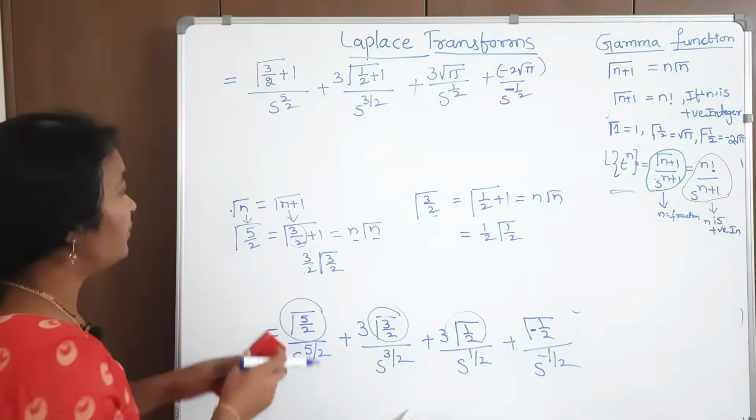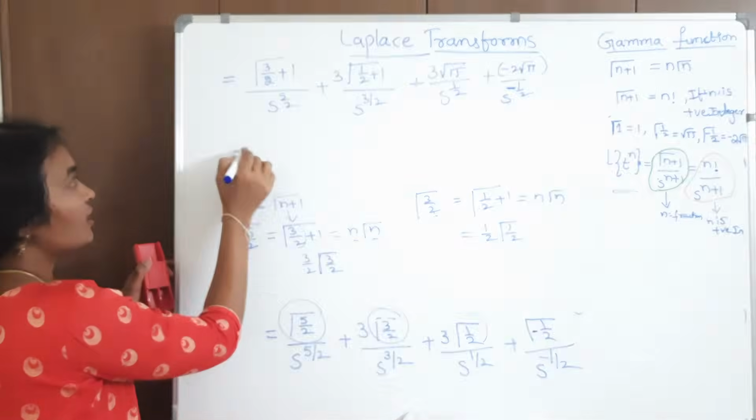Okay, ippudu come on, our job starts now. First ఏమని రాసాను 5 by 2 ని n plus 1. This is the form. Then after that you need to simplify maximum small terms. n gamma n అంటే 3 by 2 gamma n, 3 by 2 gamma n gamma n by s to the power of 5 by 2.